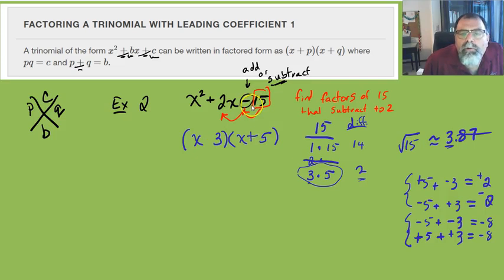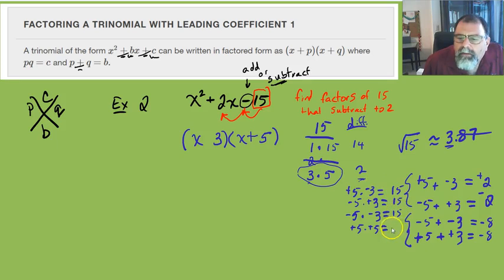Then I go to the rules about multiplying. Positive 5 times negative 3, negative 5 times positive 3. When you're multiplying positive and negative numbers, you just ignore the signs first. 5 times 3 is 15, so they're all 15.